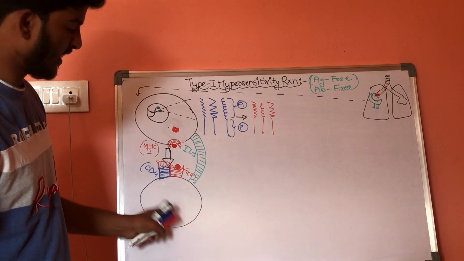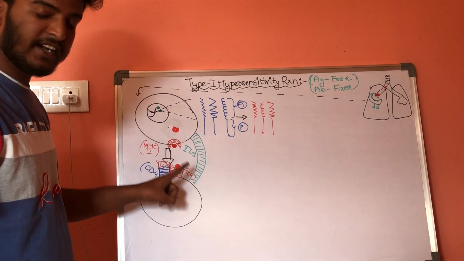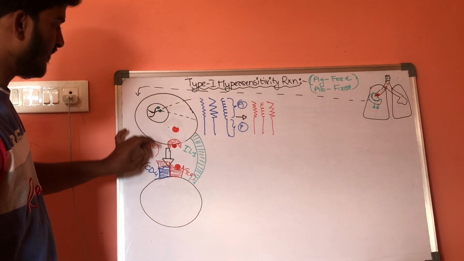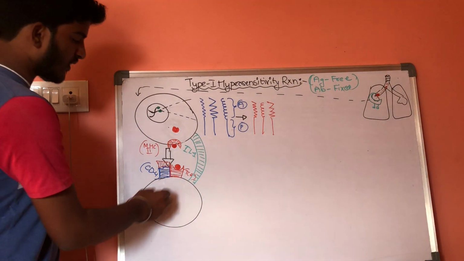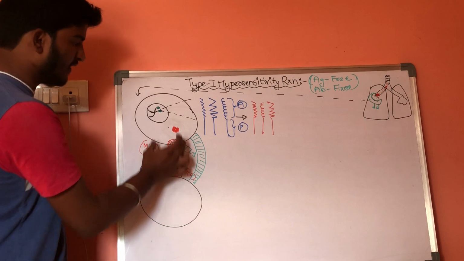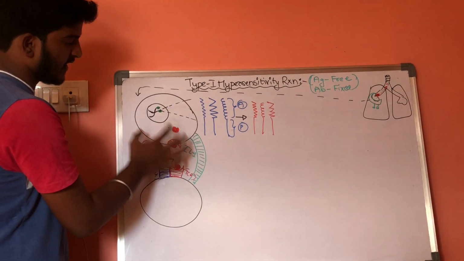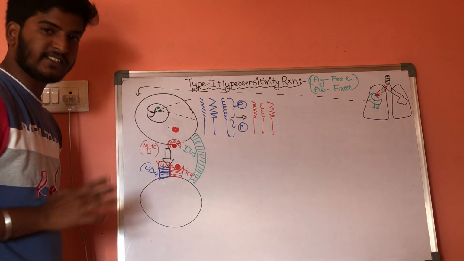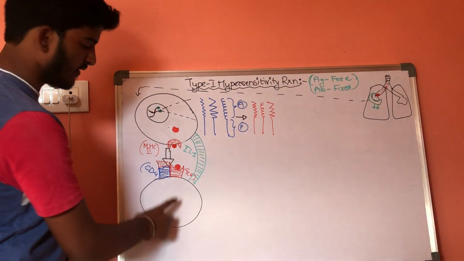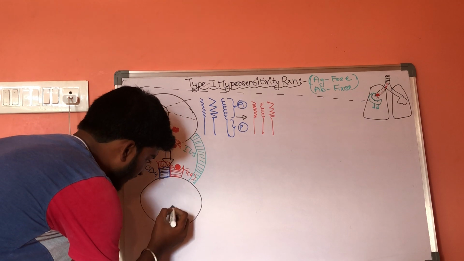Now, this T helper cell is attached to the foreign antigen, and also to the MHC class 2 protein, so that they fuse to each other. After the T helper cells fuse with the MHC class 2 protein expressed on the surface of the antigen presenting cell, that is the macrophage, internal signals in the T helper cells will get activated. First, let us discuss this genetic material.